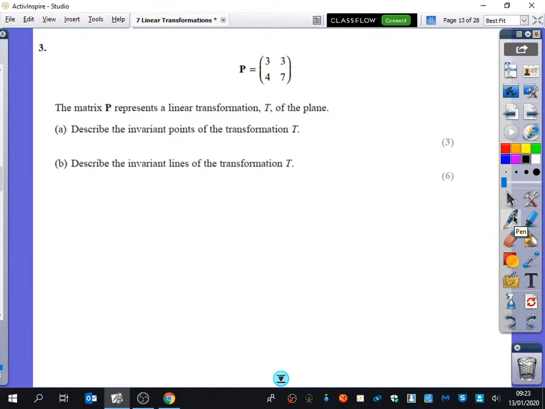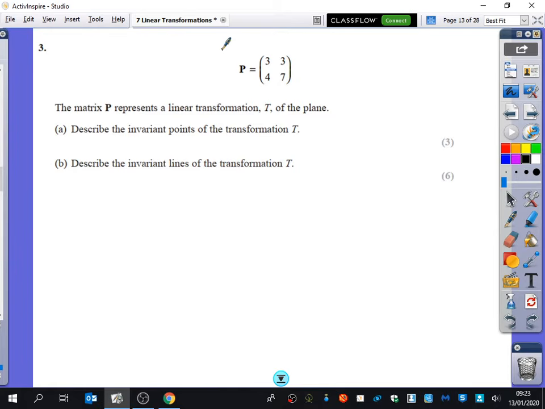And it says to describe the invariant points of the transformation and then to describe the invariant lines of the transformation. So you look at the matrix, and this matrix does not seem to be doing anything that looks like, oh, it's just a reflection. So I know what the lines would be, and I can just make it make sense in my head.